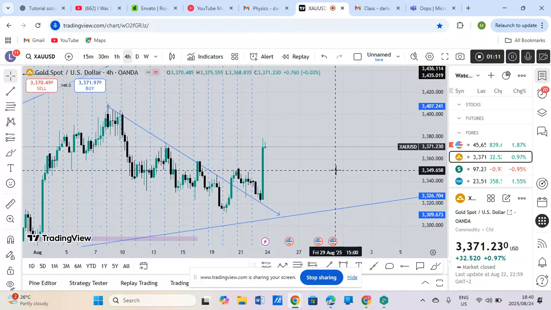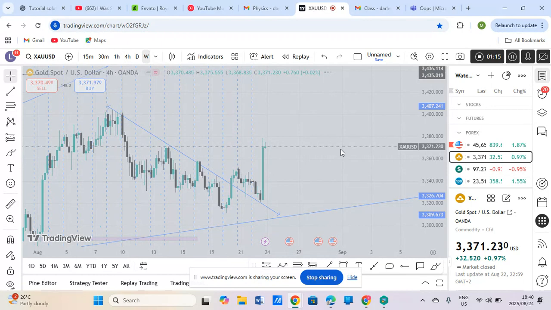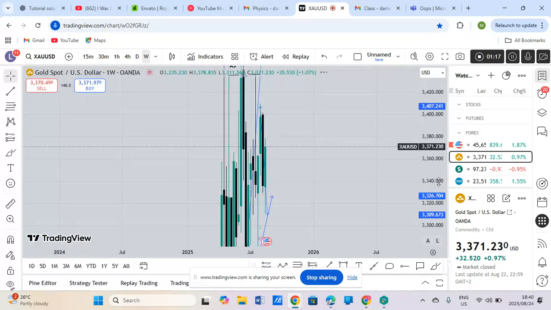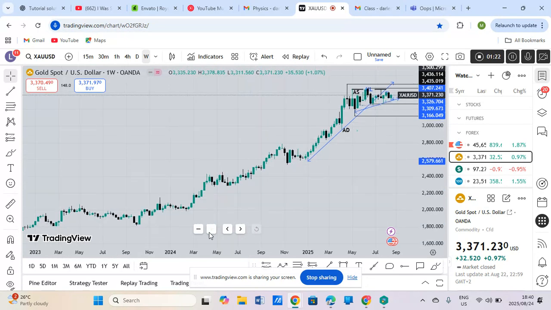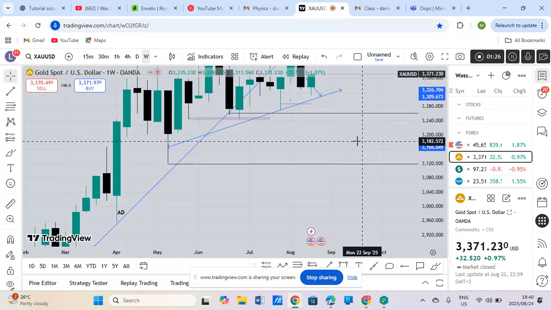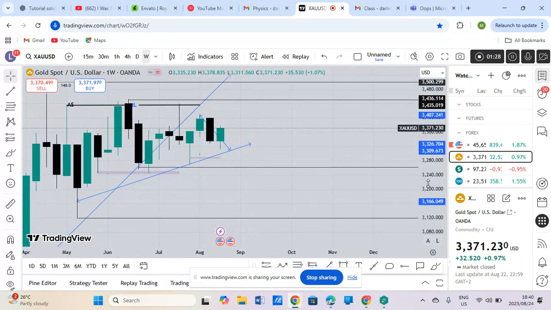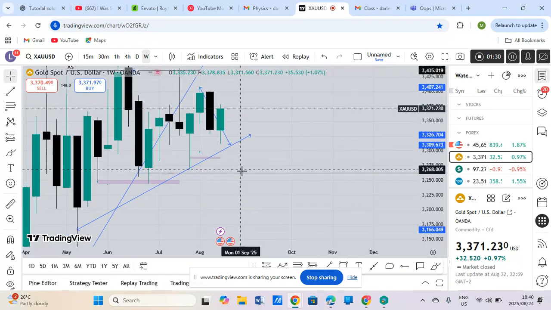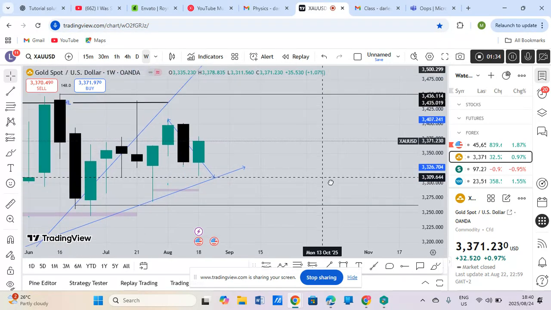So let's start. First of all, I'm going to go to my weekly time frame, because my weekly time frame gives me the overall direction of the week without being biased. However, most of the time before I do this, I also check the economic data in terms of news. I see the news that we're having throughout the week. But this week seems like we're having a free flow.